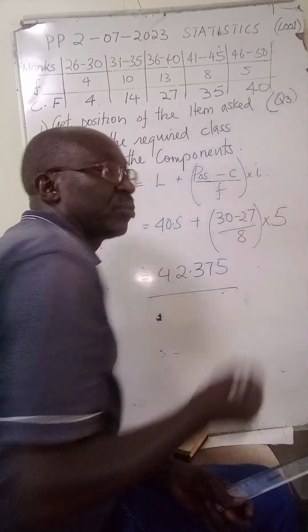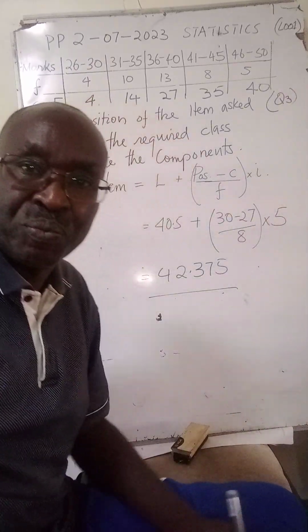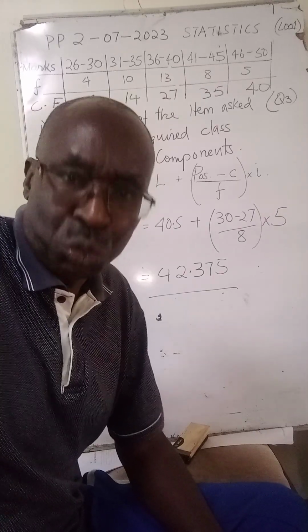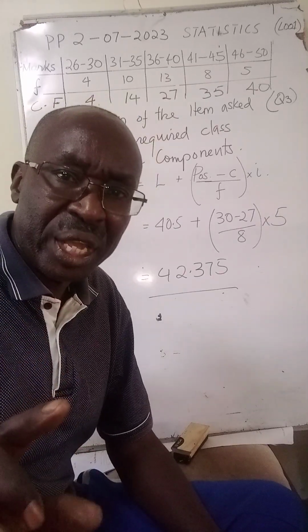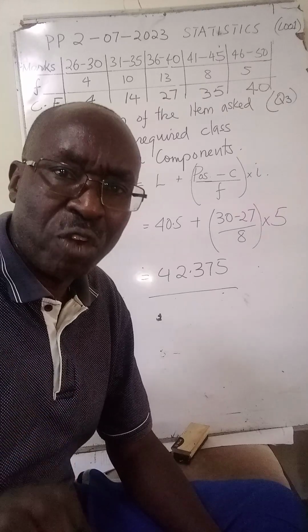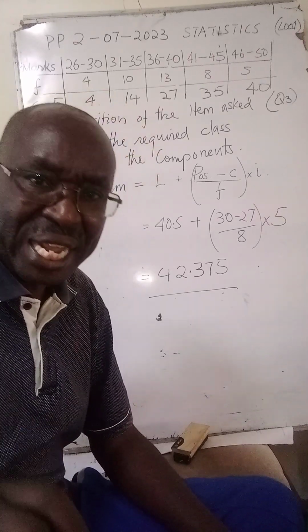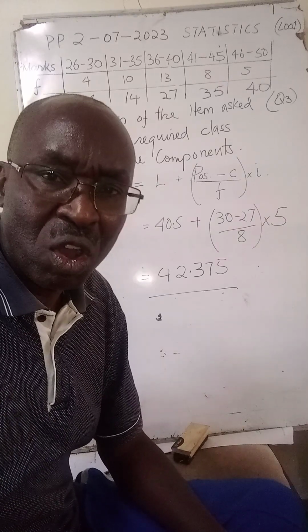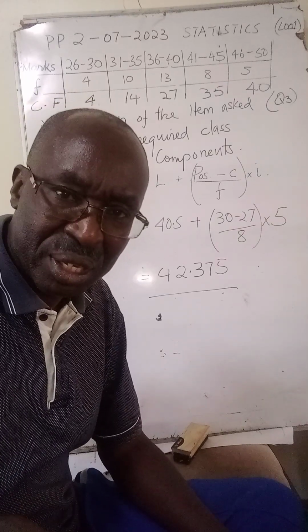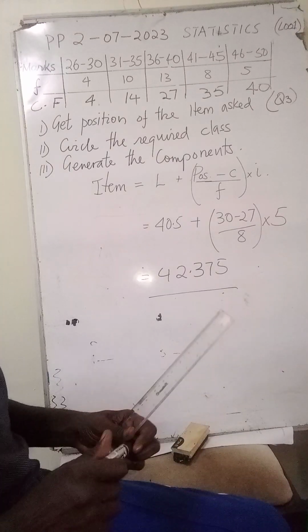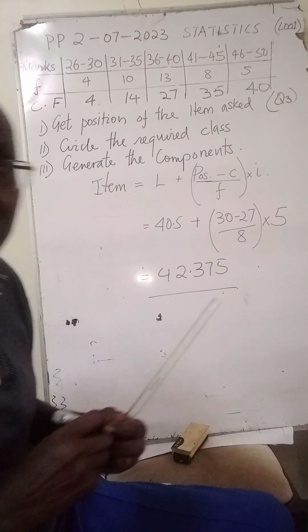Q3, the upper quartile. So the upper quartile position will be 3 out of 4 times the total frequency, which is 40. So get the position of the item asked.